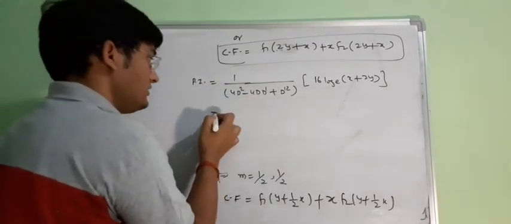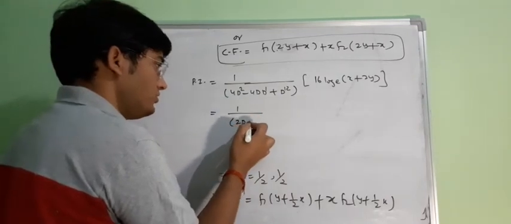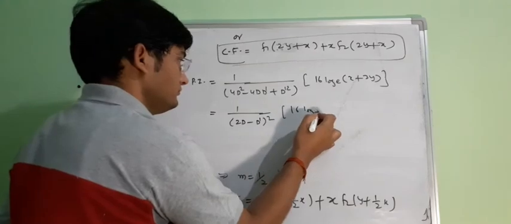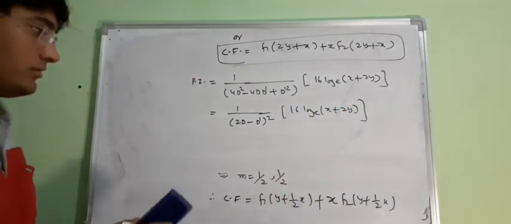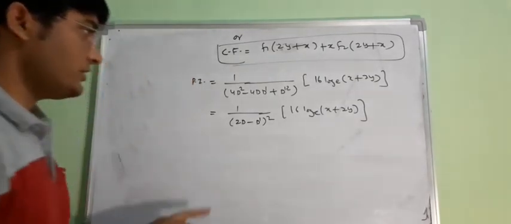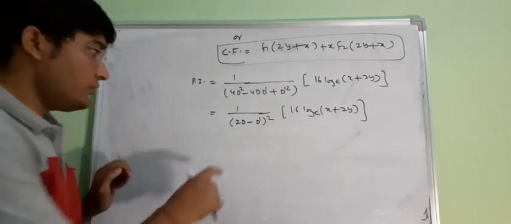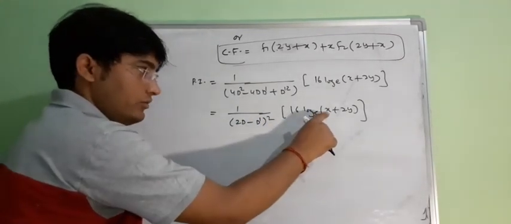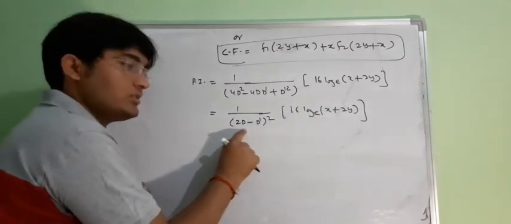This term can be written as a² + b² − 2ab, so this is (2D − D')². Now here we can replace D by 1 and D' by 2, and then you can see that this is 0.